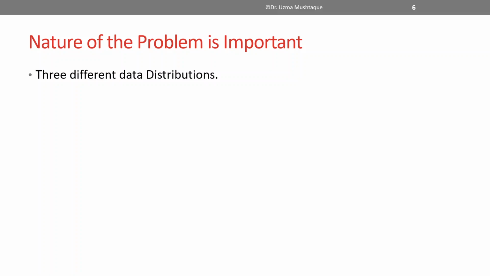So I'm looking at three different data distributions. Now, why is this important? That's because different models are needed when we have different types of data. So let us assume, and I'm showing you a very simple case, one feature variable, and this is the outcome variable. Let us assume this is the data that I have, and I'm going to fit a linear model, and I'm naming it 1.